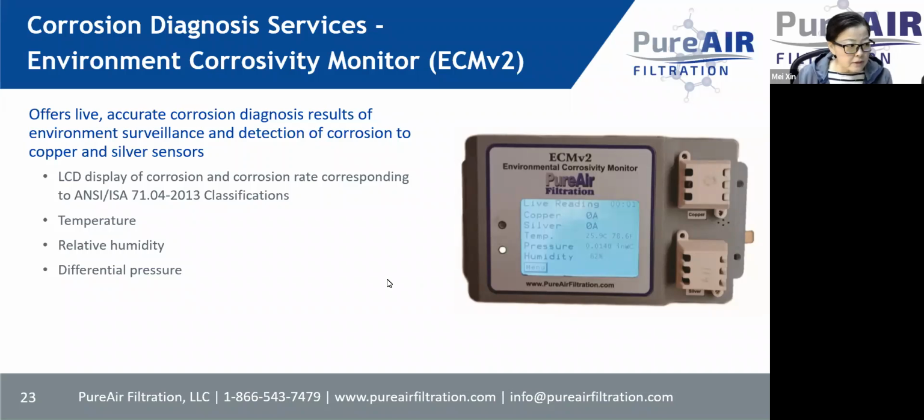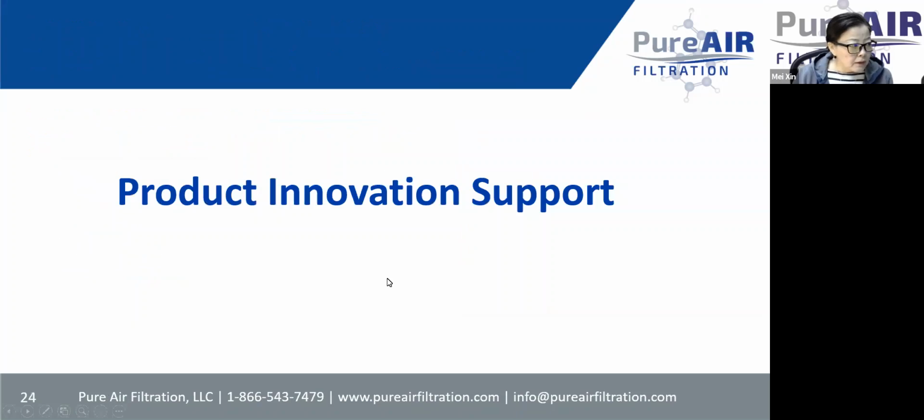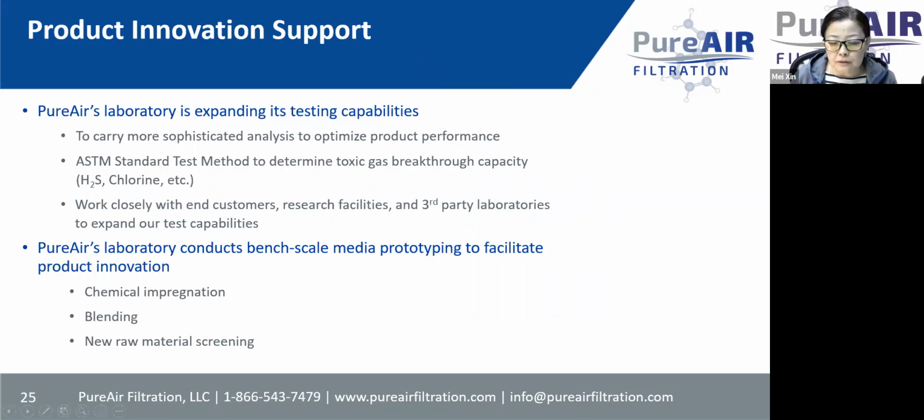Next, my last slide is going to talk about the product innovation support we can provide in the lab. Because the business is expanding, there are a lot of new requests, new media, and new tests being asked for by different groups.